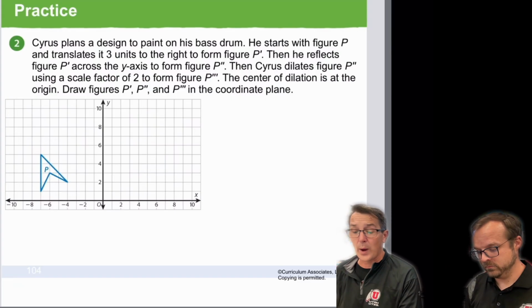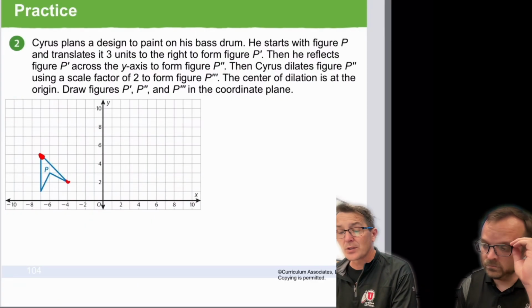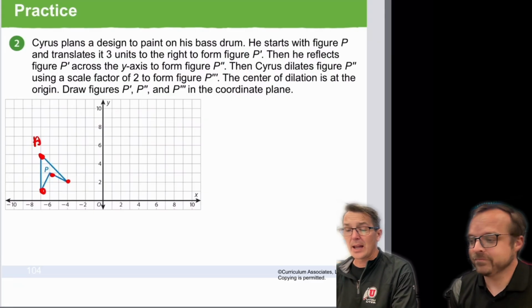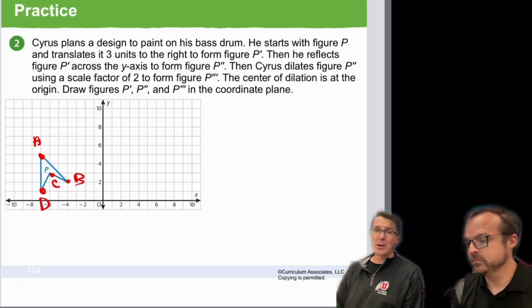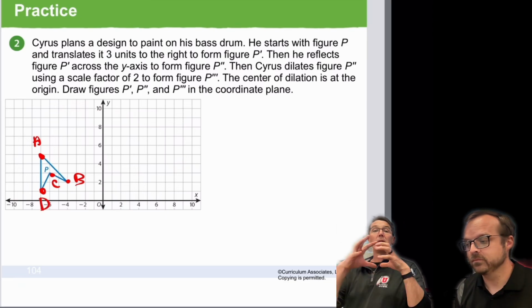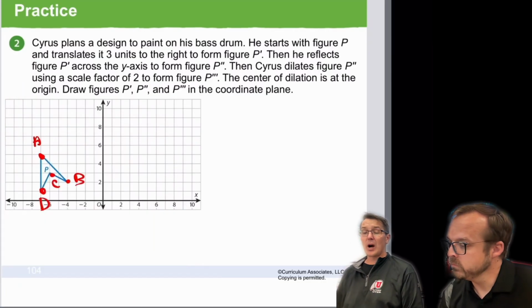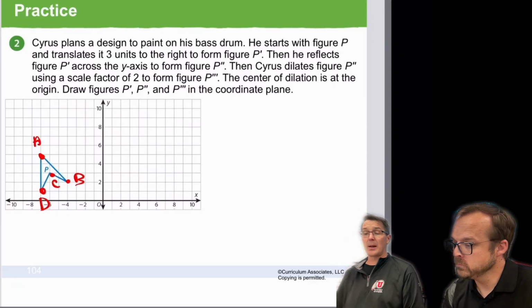This is where points are super important, because we need to be able to go, okay, here's a point here, here's a point here, here's a point here, and I can call that A, B, C, and D. Labeling them helps me do these transformations, which I wouldn't be able to do without it. So I'm going to label the shape A, B, C, D, and then we're going to read this question, and I'll show you what I'm talking about.